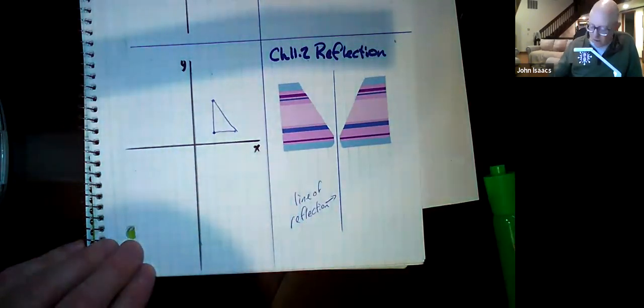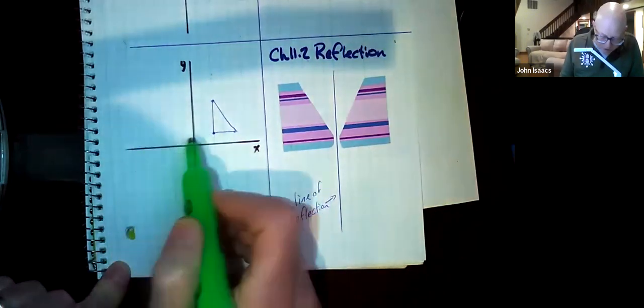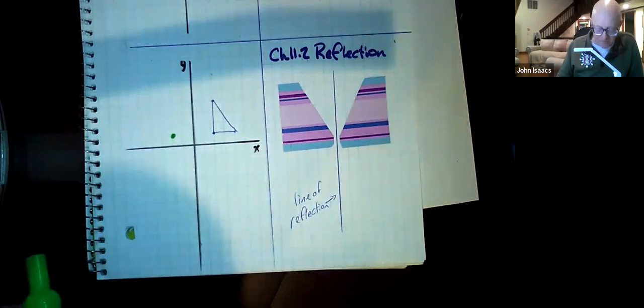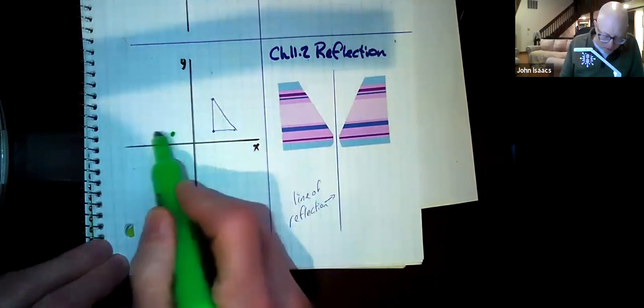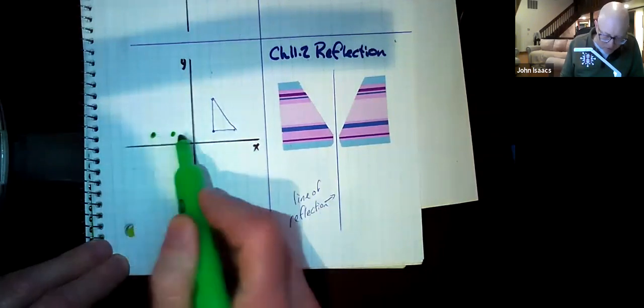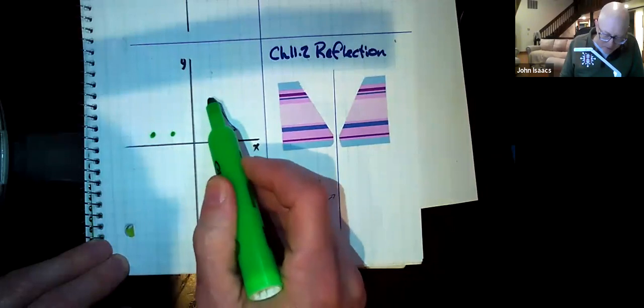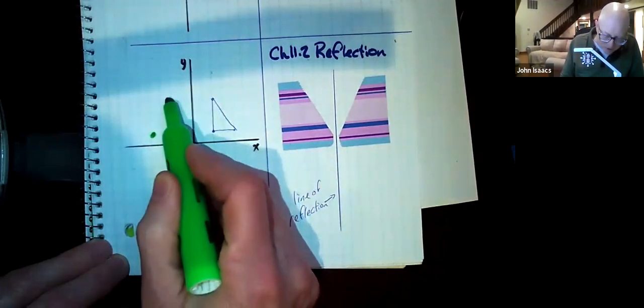So this point is 2 points away from the y-axis, so we need to be 2 points away from the y-axis, but on the same x-axis. This point is 4 points away from the y-axis, so we're going to go over here 2 more points. So this is a length of 2. We're doing a length of 2 here. And then we're going up 3 units and still staying 2 away from the y-axis.